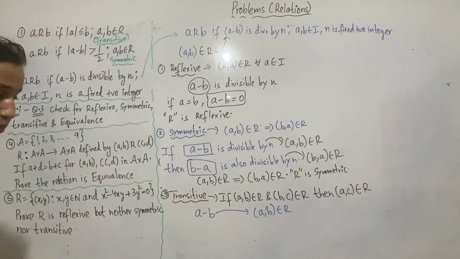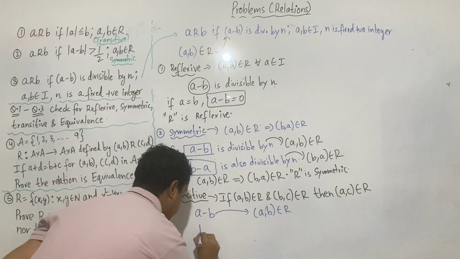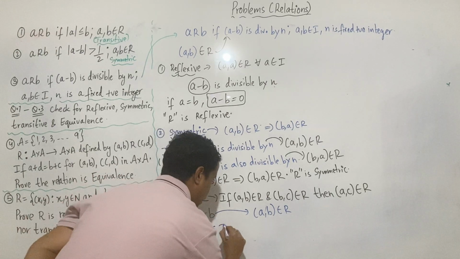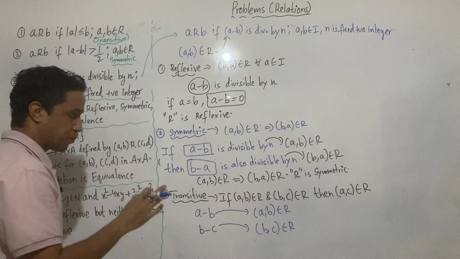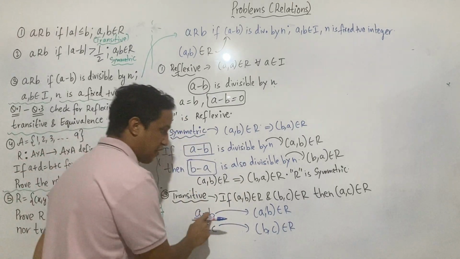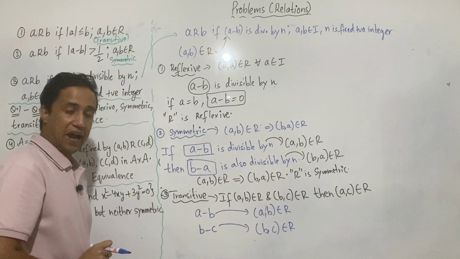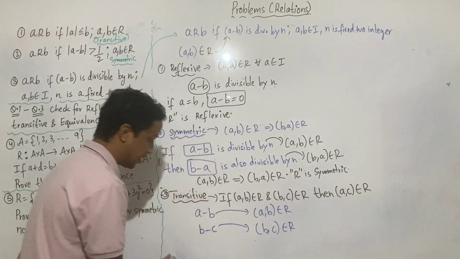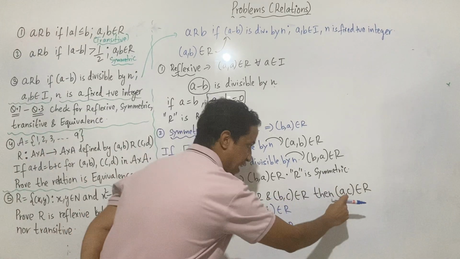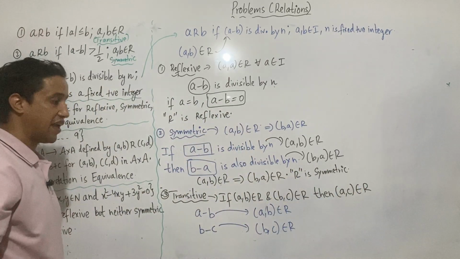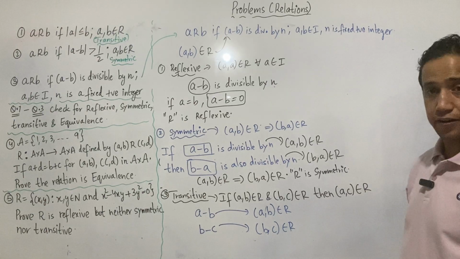And if BC has to be in the relation, then, sorry, if AB are in the relation, then A minus B is divisible by n, and if BC is in the relation, then B minus C is divisible by n. Now, if AC has to be in the relation, then A minus C has to be divisible by n, right?